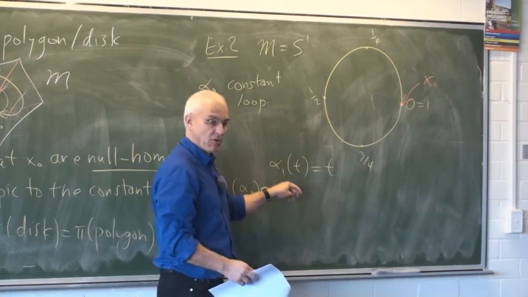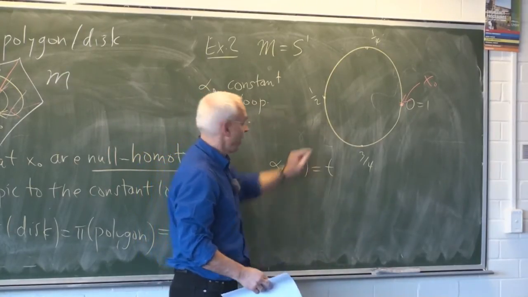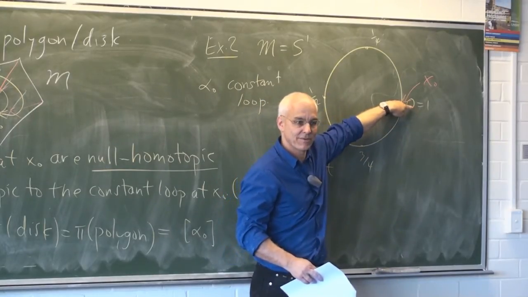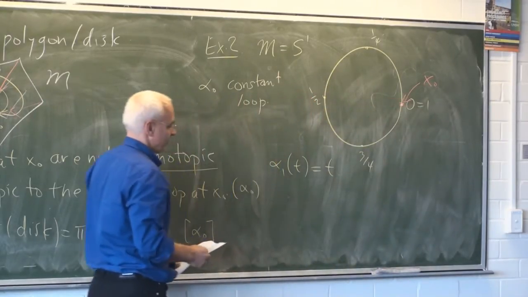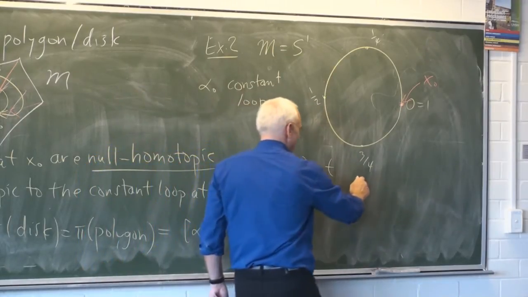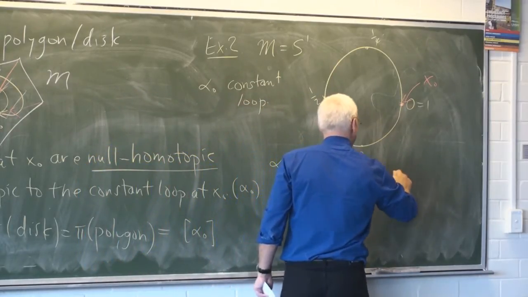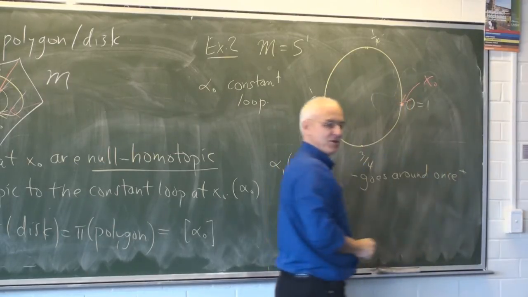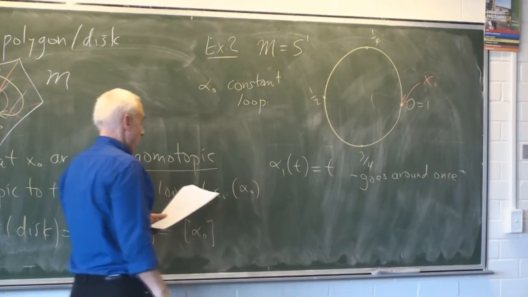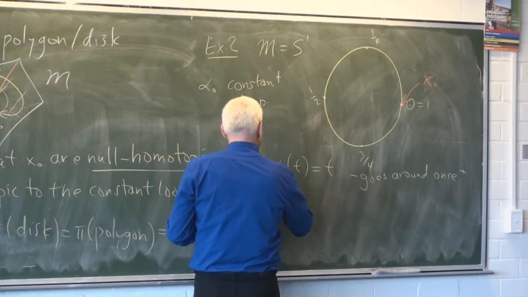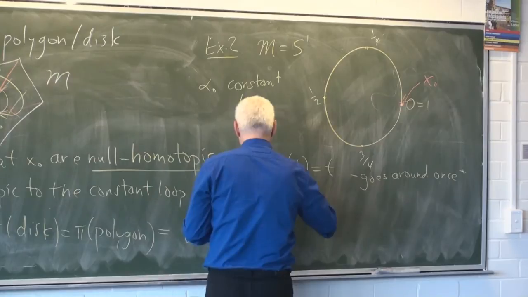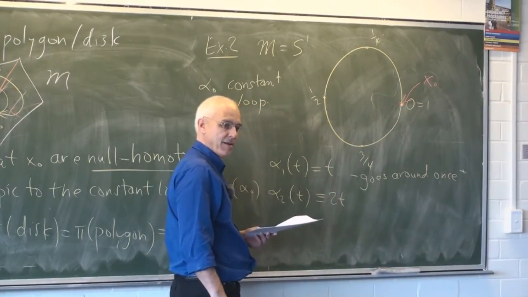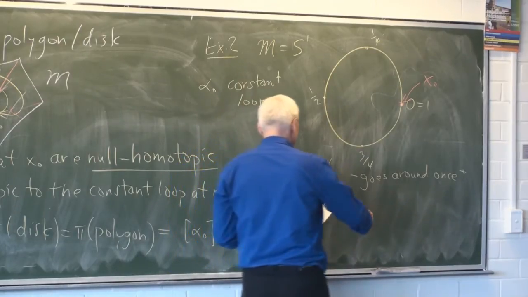As t ranges from 0 to 1, that means we're just going around once. So that's going around once, once in the positive direction. Or we could define alpha 2 of t to be 2t. But we should do it mod 1.